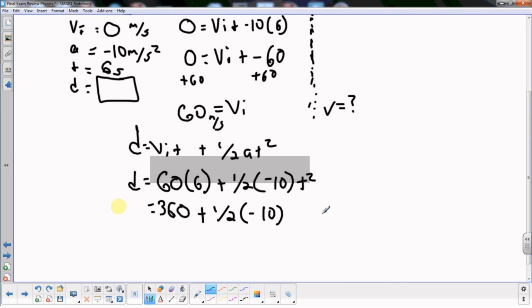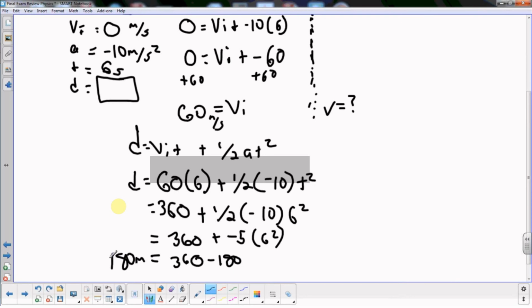So equals 360 plus negative 5 times 6 squared. I just multiplied those two together. Negative 5 times 36, because 6 squared is 36, negative 180. So equals 360 minus 180. And on a good day, that's going to give us 180 meters. Ooh.